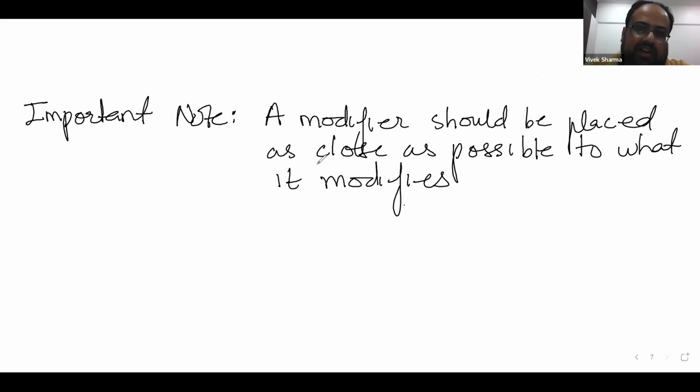So this is what the general concept is, that a modifier should be placed as close as possible to what it modifies. Now, when this concept is violated, right? Please make a note. When this concept is violated, it gives rise to what are known as modifier errors.